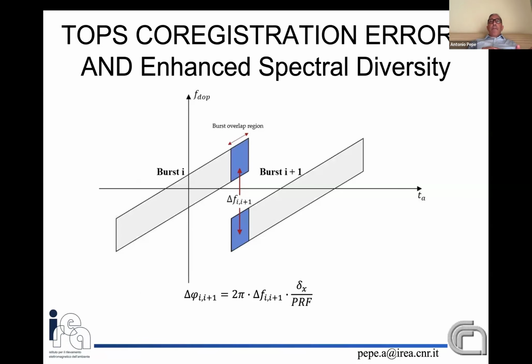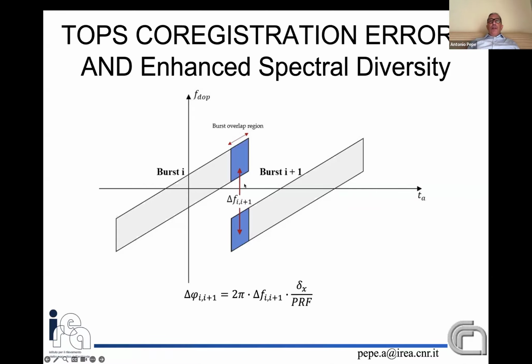In the case of Sentinel-1, we have the TOPS mode. TOPS mode is characterized by a burst acquisition mode. And if we consider two consecutive bursts, burst i and burst i+1, there is an overlap region where we have a difference of the Doppler frequency that is relatively large.